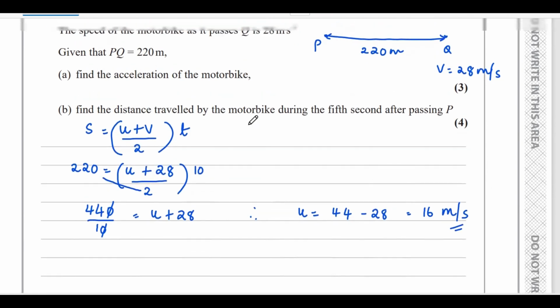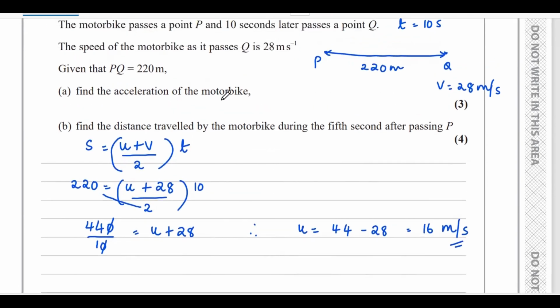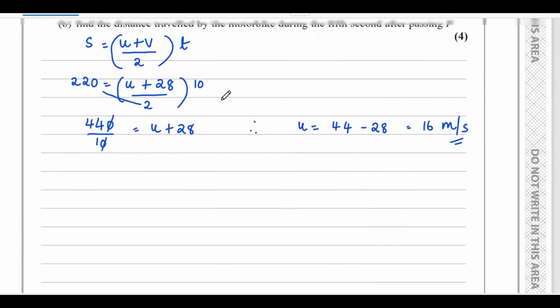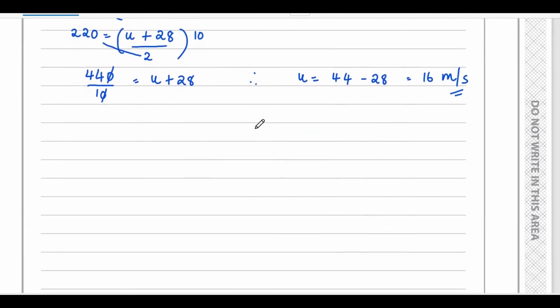Now, the question is to find out the acceleration of the motorbike. The first SUVAT equation we used was S equals U plus V by 2, times T. Now the second SUVAT equation which we are going to use to find acceleration will be V equals U plus A T. V given in the question is 28, U we got as 16, plus A is what we need to find out.